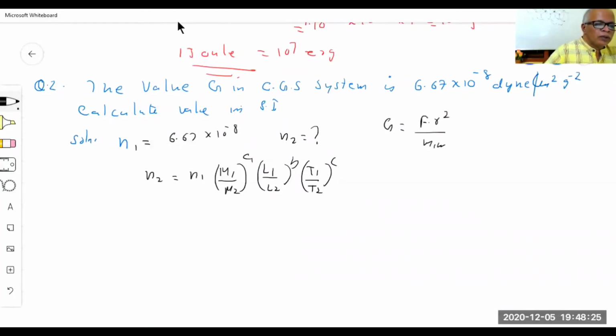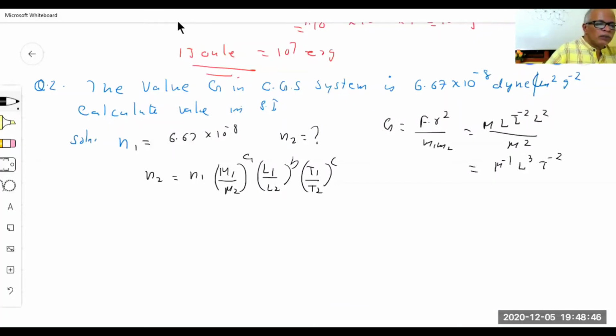So the units: M L t raised to minus 2 into L square by M square. So the unit you have is M raised to minus 1 L cube t raised to minus 2.